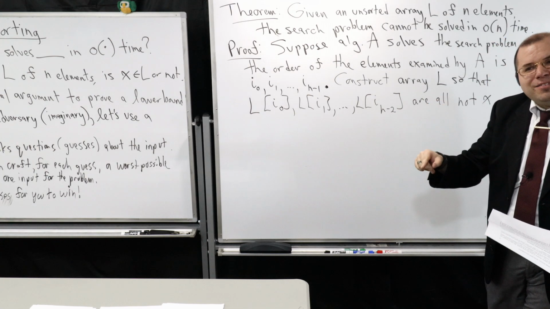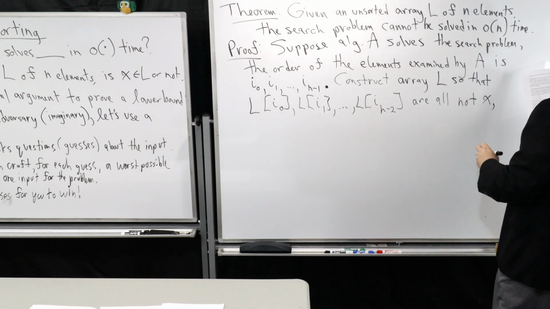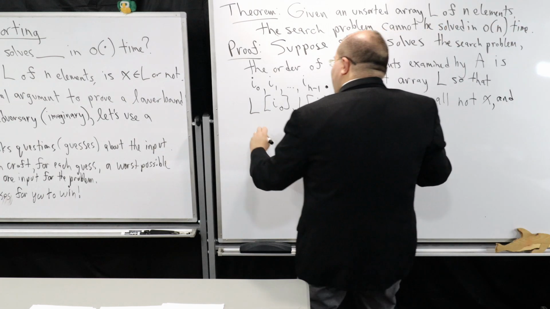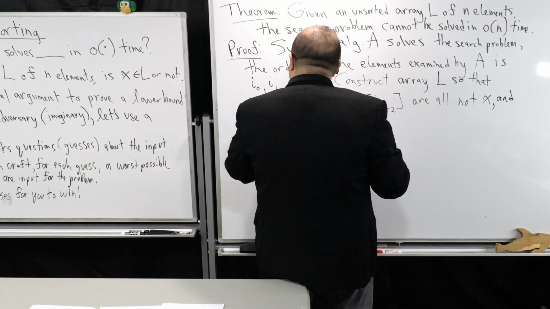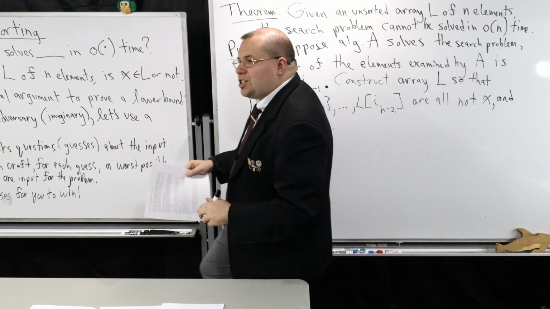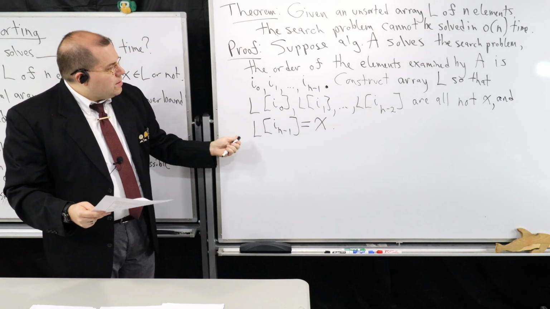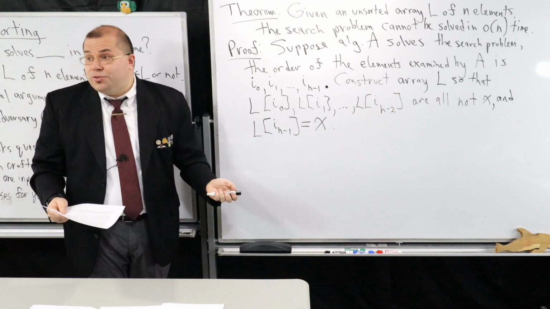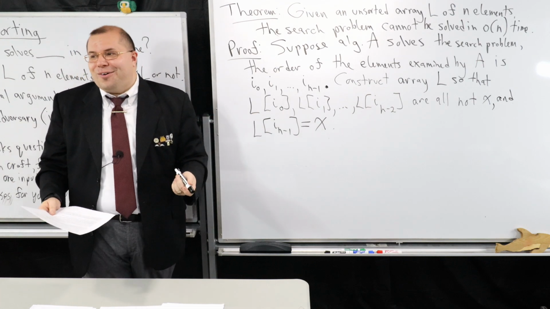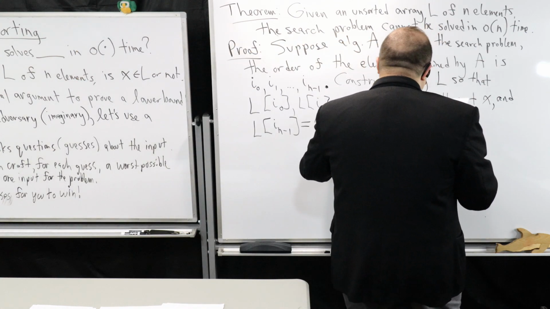In our case, winning means it finds X. So those are all not X, and L sub I n minus 1 is equal to X. So the question I have for you is how many examinations have to happen for this instance that I just described to you? Notice I've made no assumptions about what order the algorithm does. N, exactly, it's N.